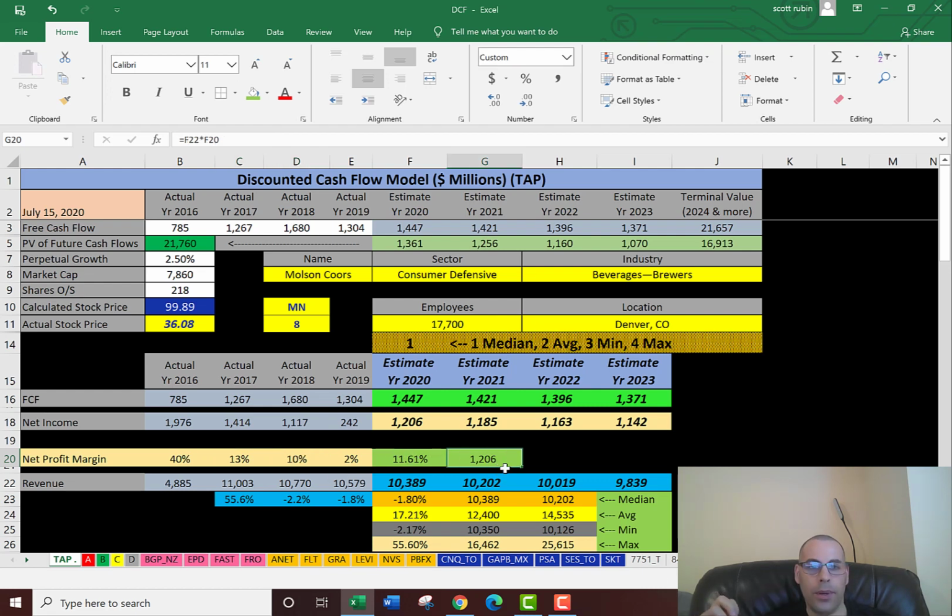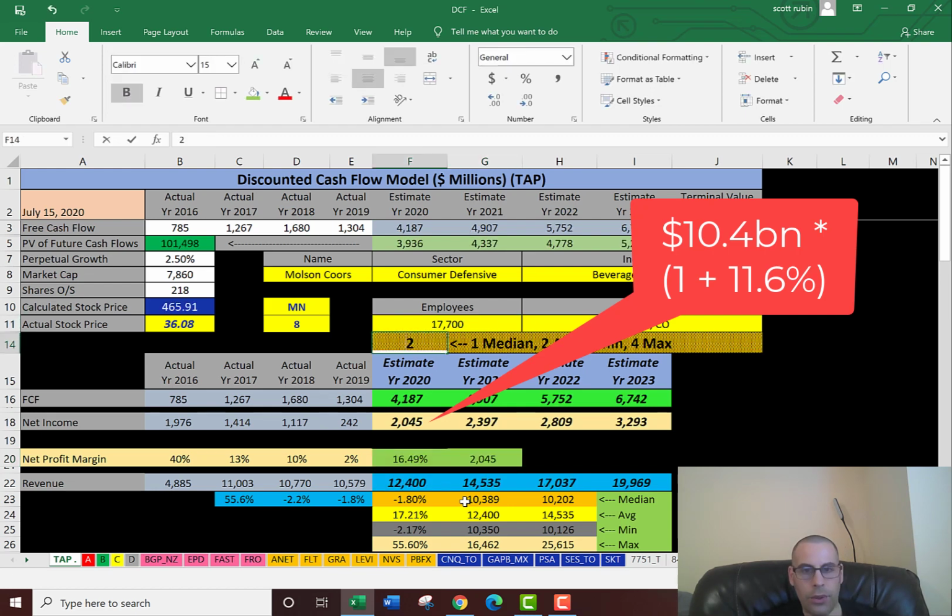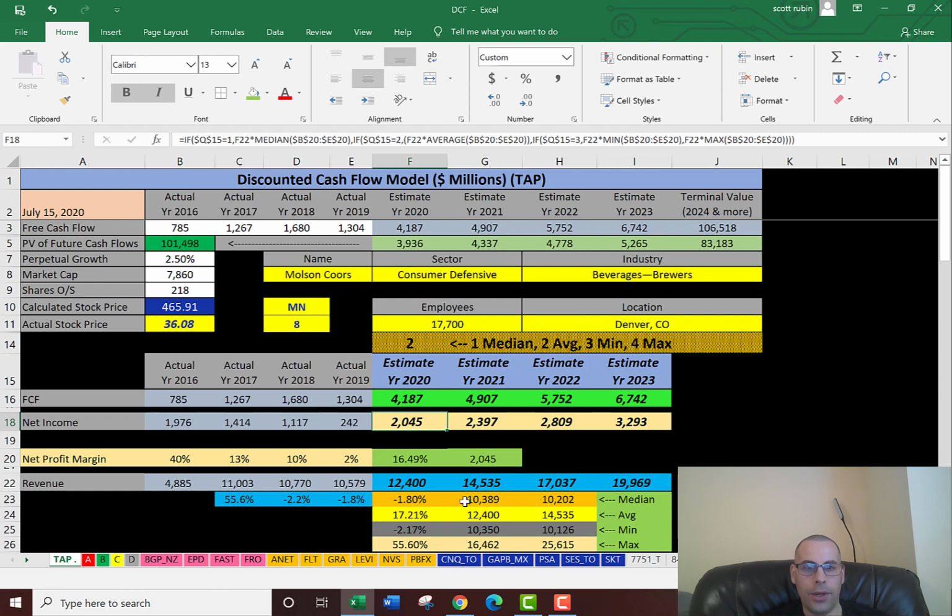And to get the 1.2 billion, it's just 10.4 billion times 11.6%. If I change this to a 2, making it the average, it would then take the average of these 4 numbers, which is 16.5%. And this revenue will be higher because it will be the average of the revenue. So it'll be 12.4 billion times 1 plus 16%, which is 2 billion.